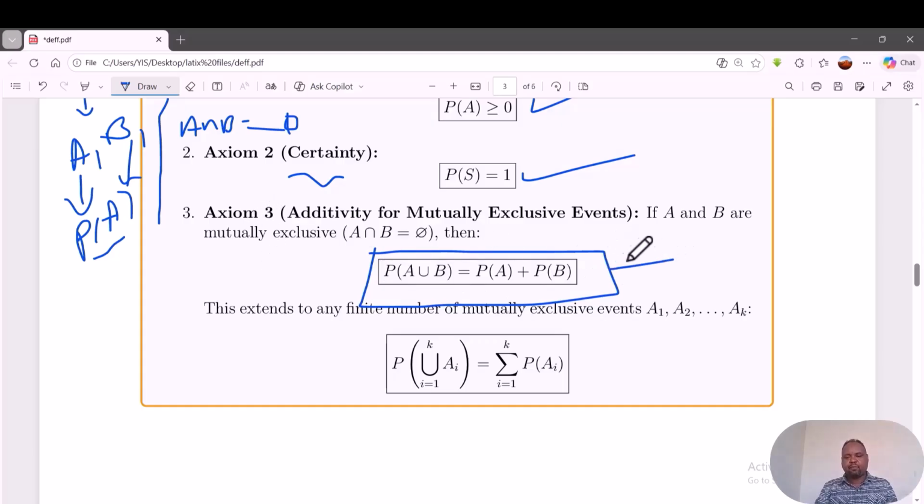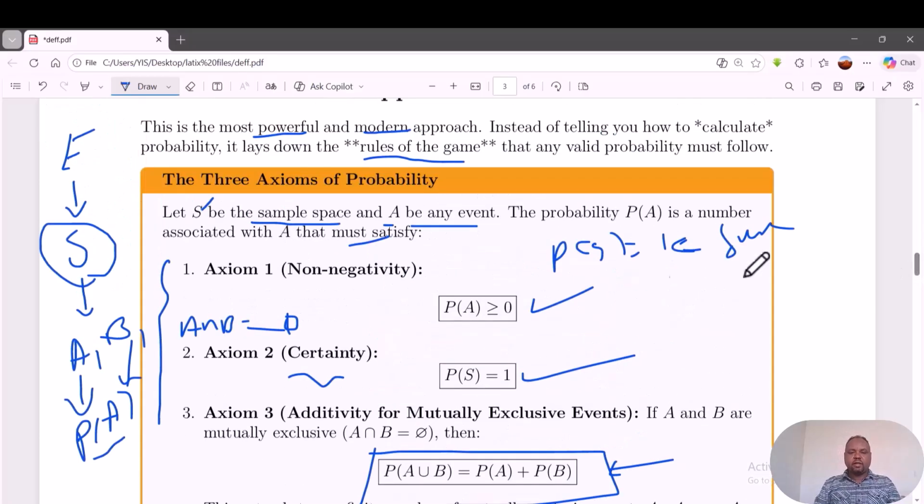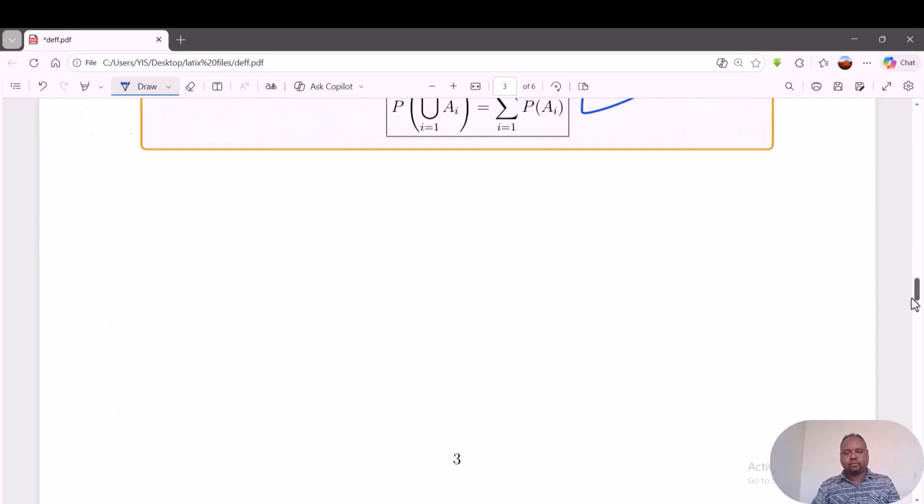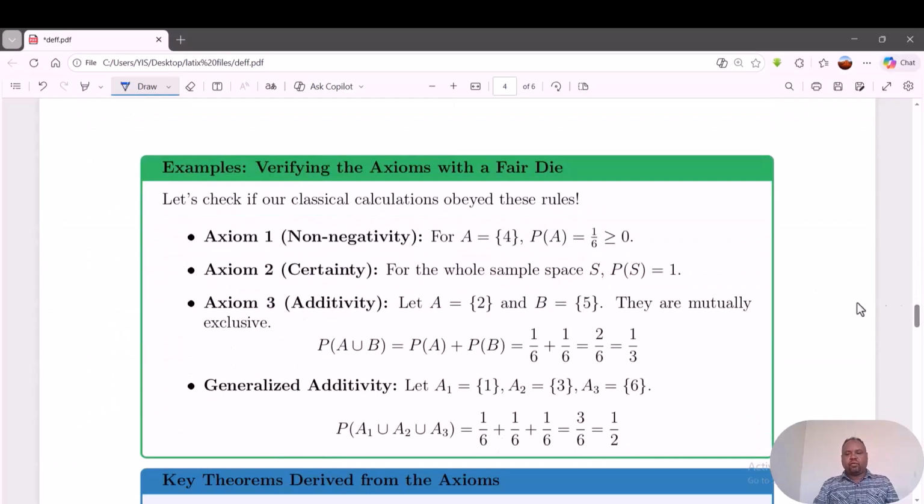And this additivity formula for two events can be extended to any finite number of mutually exclusive events, which can be compactly written using this formula, right? So under these axioms we can proceed to derive a number of theorems, right? Before that, let us see some examples.